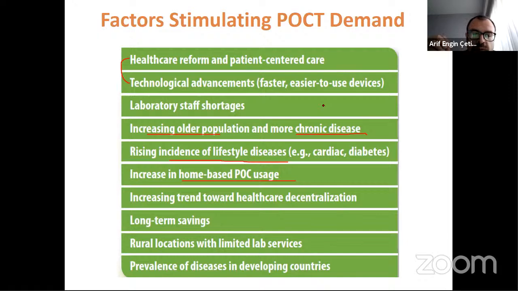The reason is that these people don't know whether they are COVID-19 positive or negative. So that's why they go to a central lab. But in the meantime, they might also spread the disease to healthy people. So that's why the importance of the POCT devices also increases the number of people using those tests at home.